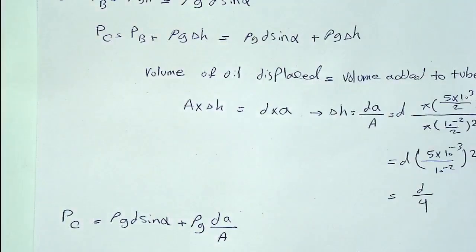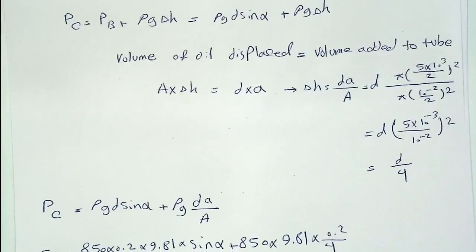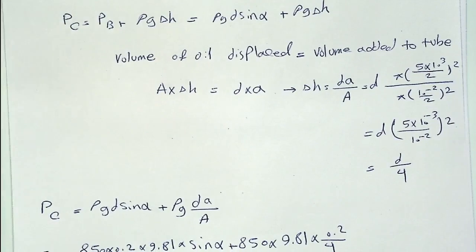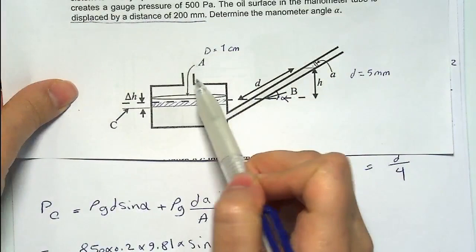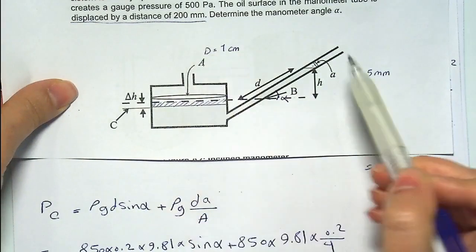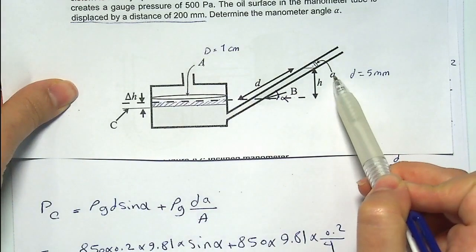So good, so far so good. Yeah, what's the A over A? Again here, A is the cross-section of the big part and the small a is the cross-sectional area of the smaller part.